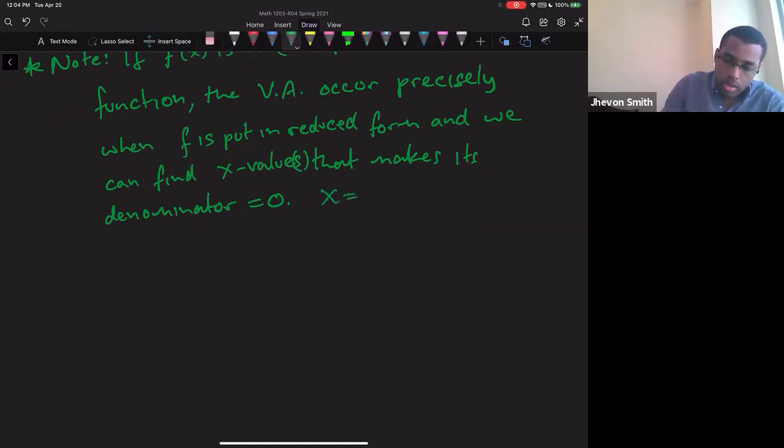X equals such a value is a VA in that situation.